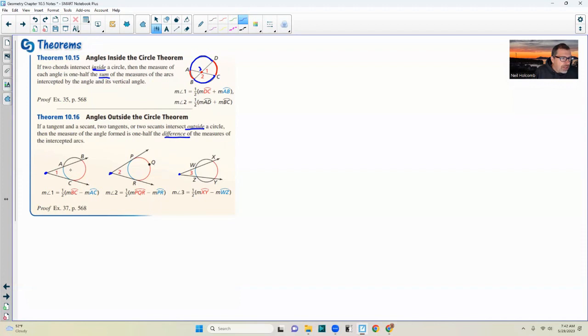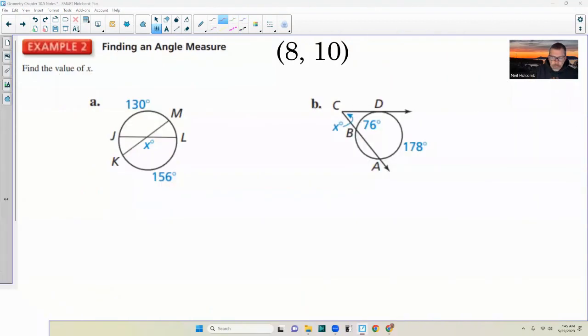So I have this angle here. It intercepts this big arc, BC, the larger arc, and then the smaller arc is AC: BC minus AC divided by 2, PQR minus PR divided by 2, and XY minus WZ divided by 2. There are proofs if you want to read them. And let's take a look.